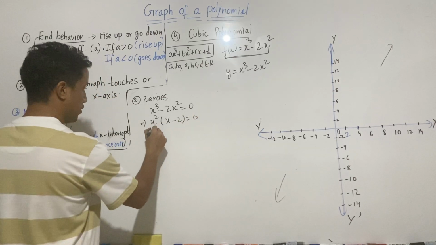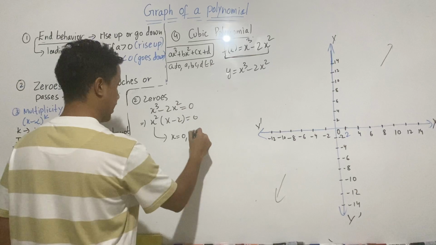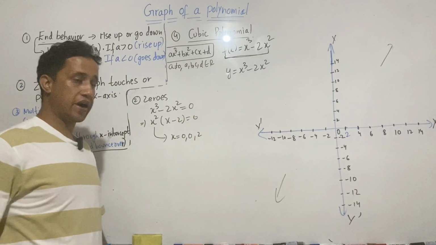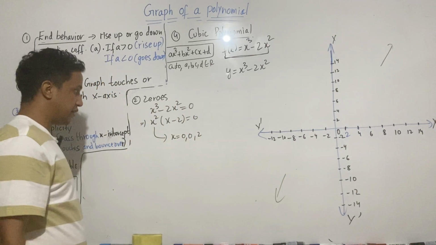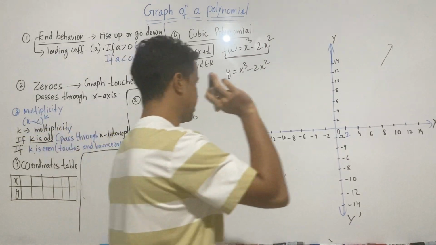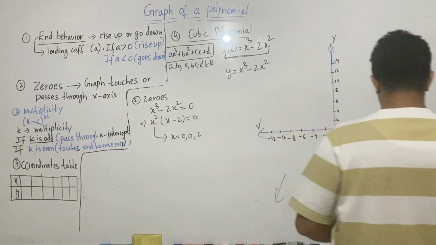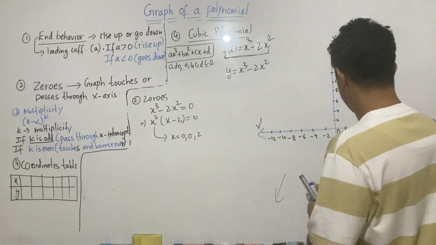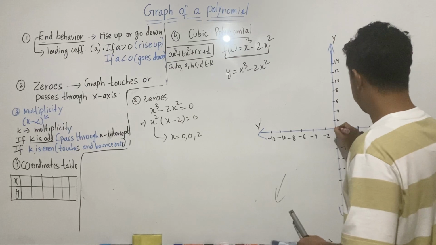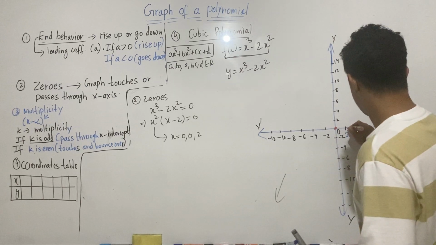So the value of x would be 0, 0, and 2. So x will have three values: 0, 0, 0, this is repeating, and 2.